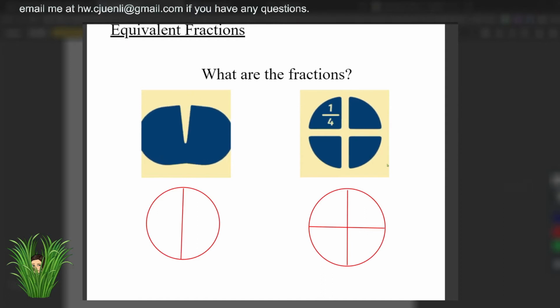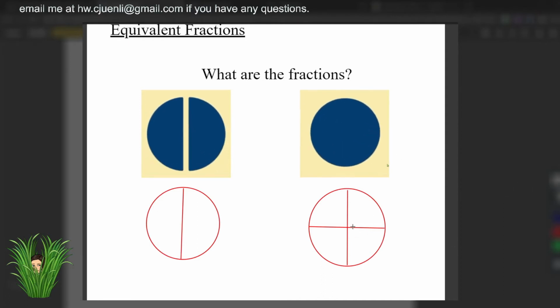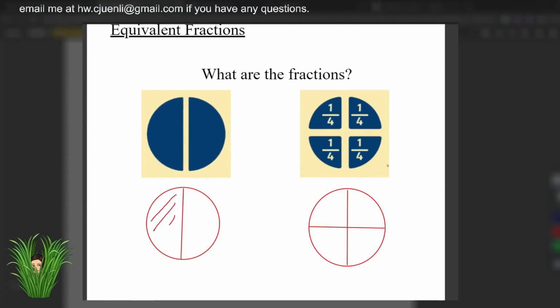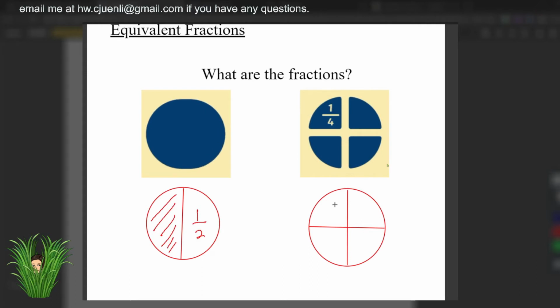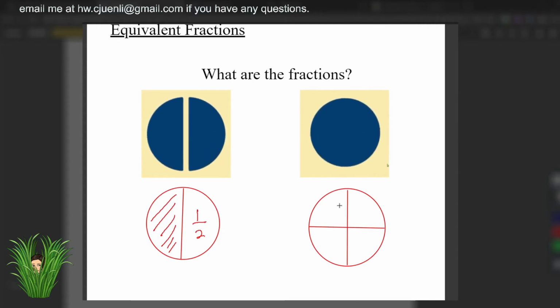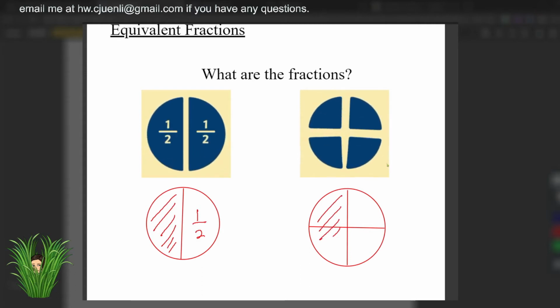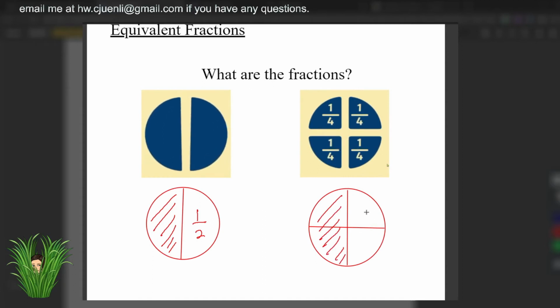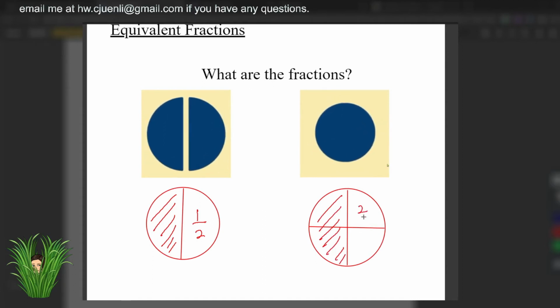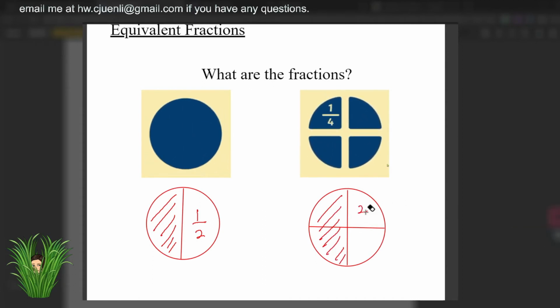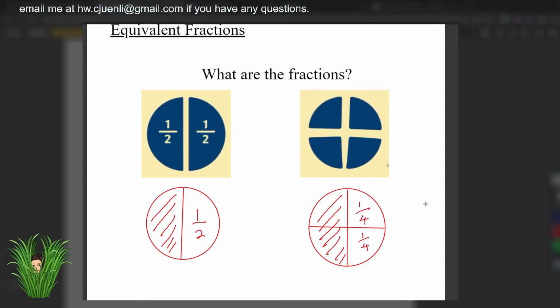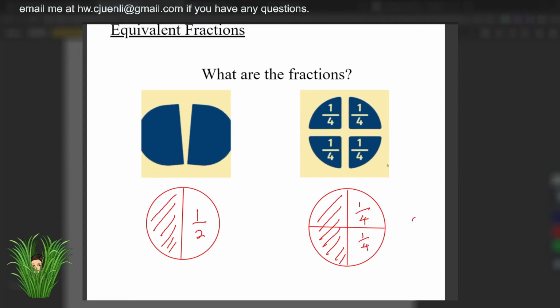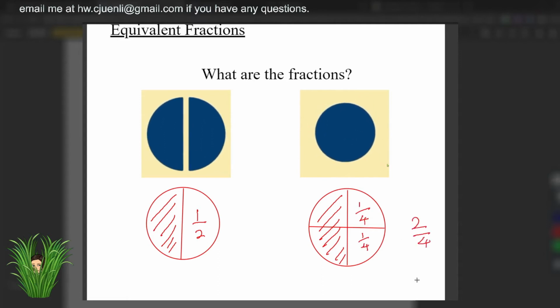So how much can I eat of the other pizza to get half? Definitely 1 over 2, I just need to eat 1 slice of the first pizza, whereas for the other one I need to eat 2 slices, which is 2 over 4.